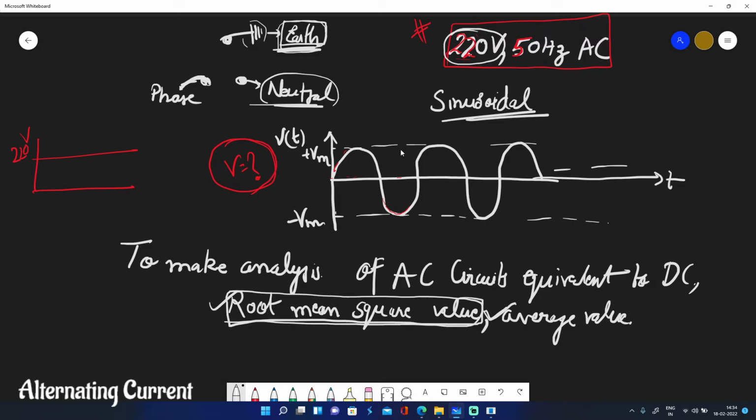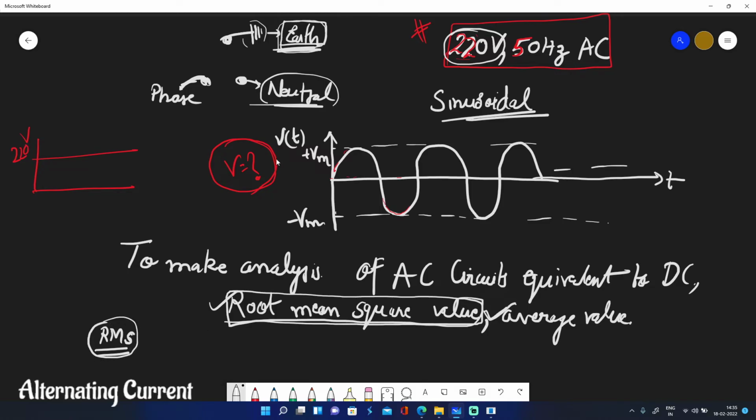That value is the RMS value. The RMS value is that value of voltage or current which will produce the same heat as a DC circuit. So to make the power analysis similar in both DC and AC circuits, this RMS value is used.